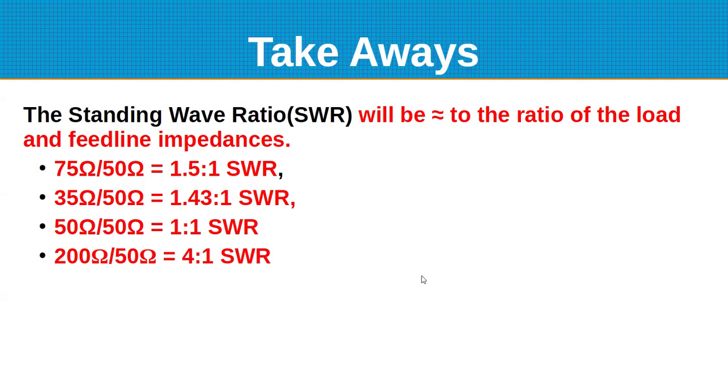So it doesn't matter how the formula is written. You're saying the higher number goes first when you specifically write it or speak it, but not necessarily in the formula. Right. And normally you'll just do the load to the feed line, the way it's written. So in most cases, you're going to have a 50 ohm feed line.